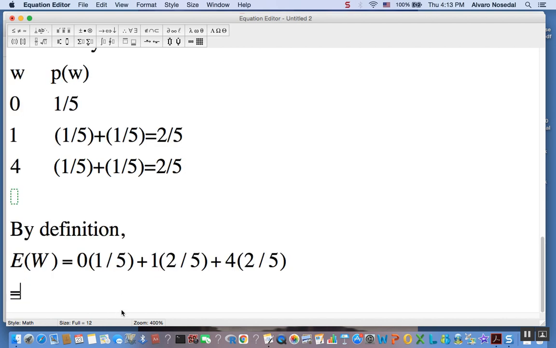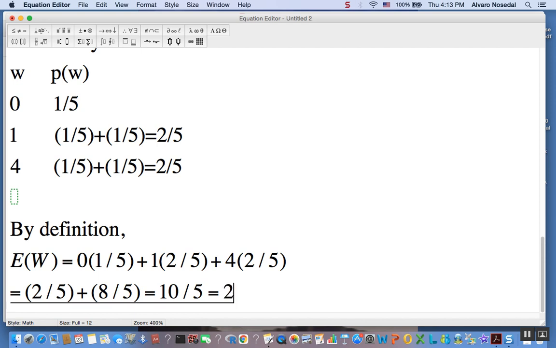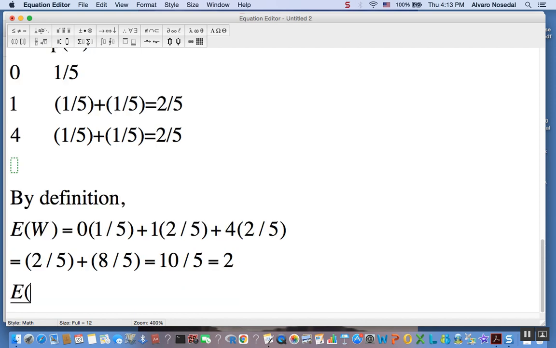The first one is going to be a 0, then we have 2 over 5, and then we have 8 over 5. That is 10 divided by 5, which is the same as 2. So the expected value of W equals 2. Easy, right?